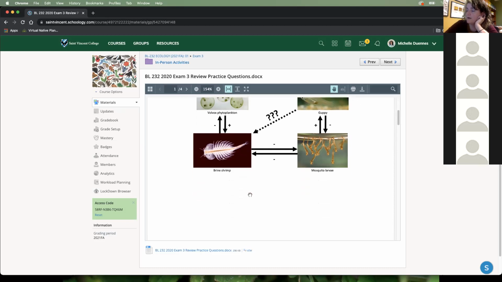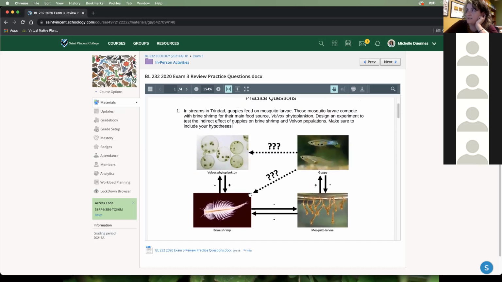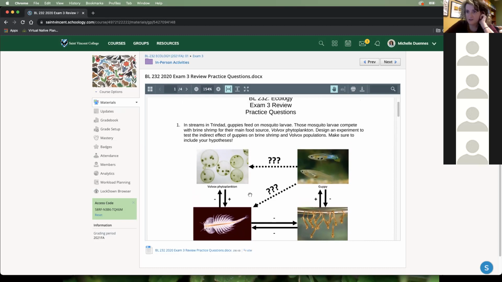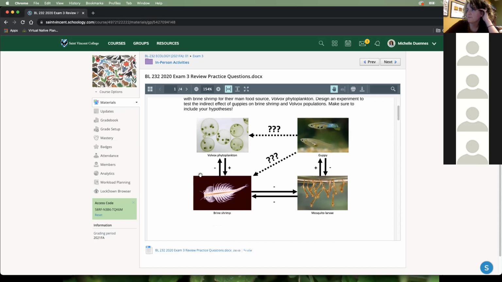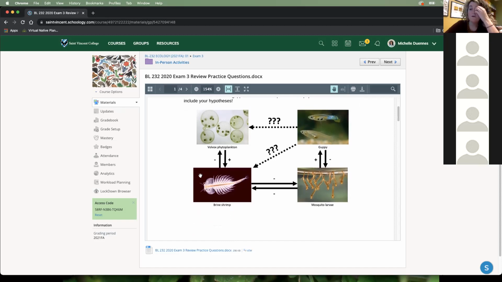So what I would like you to do is, for this practice question, let's design an experiment where you test the indirect effect of guppies on brine shrimp and the indirect effect of guppies on volvox. So anybody have any suggestions on how you might go about doing that?